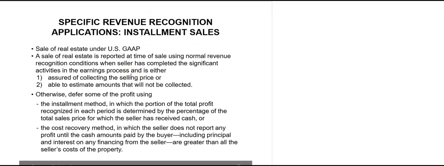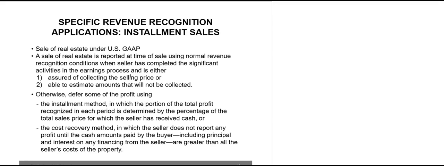Under the installment method, the portion of the total profit of the sale that is recognized in each period is determined by the percentage of the total sales price for which the seller has received cash from the buyer. Under the cost recovery method, the seller will not report any profit unless the cash amounts paid by the buyer, including principal and interest on any financing from the seller, are greater than all the seller's cost of the property.